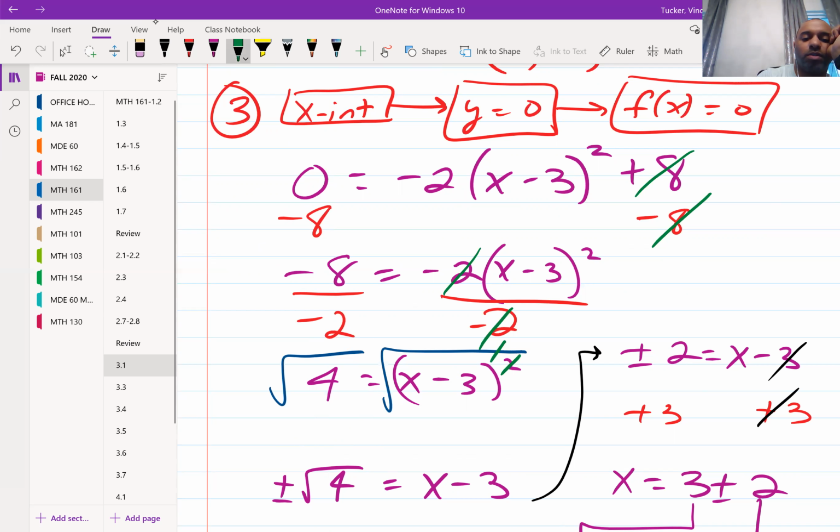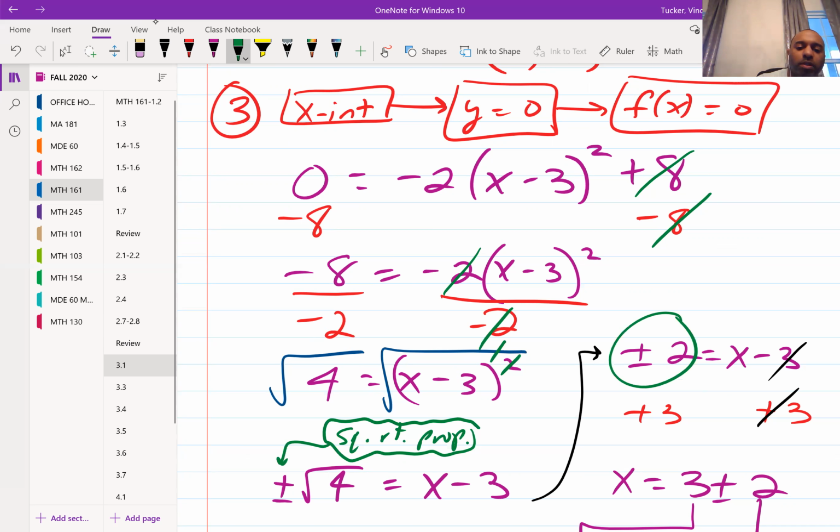This is the square root property: whenever you take the square root of both sides, you have to use that plus or minus. Plus or minus the square root of 4 is going to be plus or minus 2.